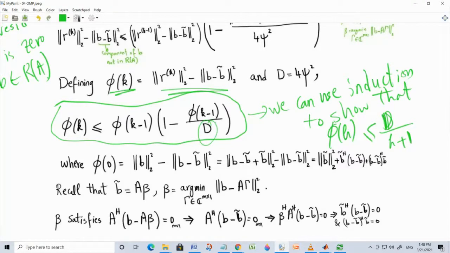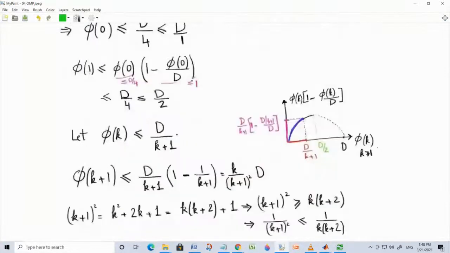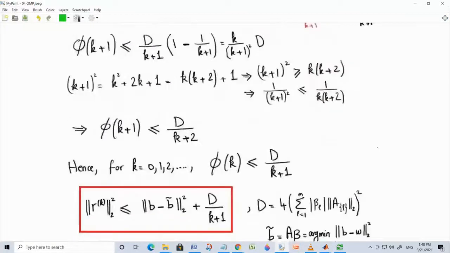This parameter here is 4 psi squared divided by k plus 1. And so you can see here the argument, and this is what we have.